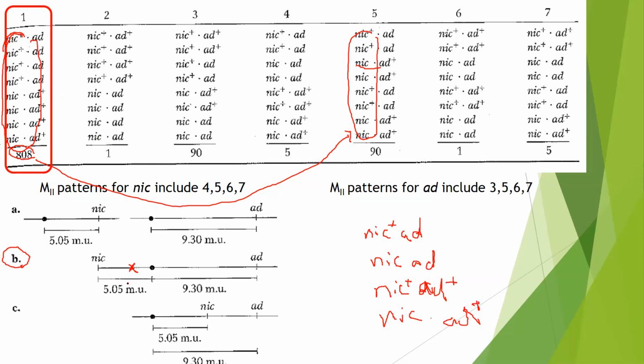Now, if this is true, if there's no crossing over here, but a crossing over here, what are you going to generate? Leak plus AD, leak, plus AD plus, right?